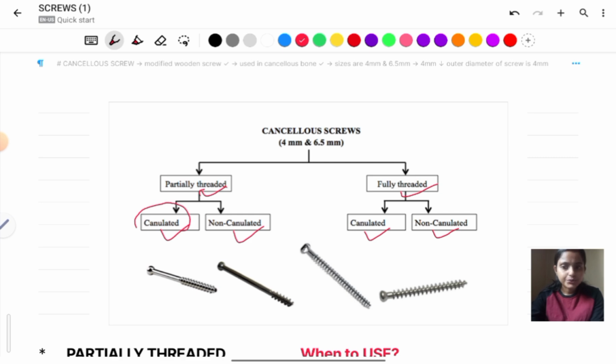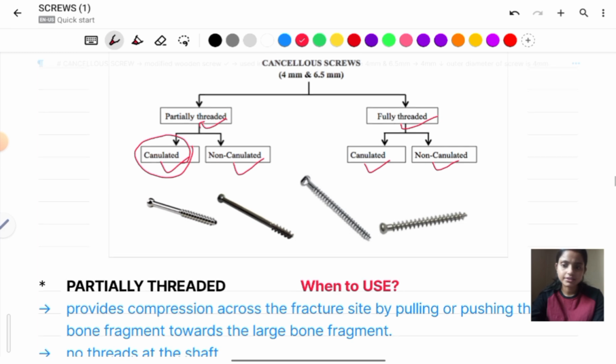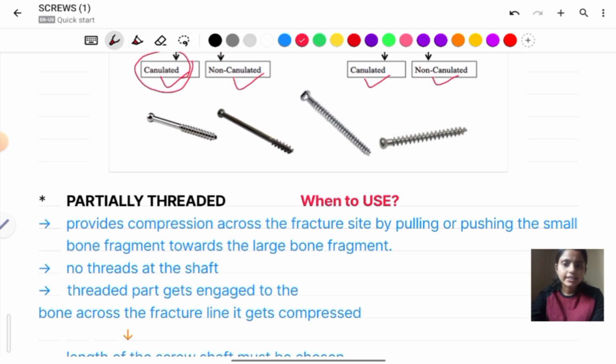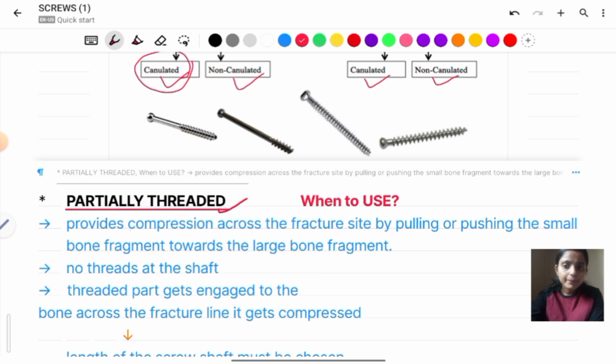In a cannulated screw, we can pass the guide wire and can perform closed reduction. There is no need to open the fracture, or we can percutaneously fix the fracture. When a partially threaded screw is used, it provides compression across the fracture site by pulling or pushing the small bone fragment towards the large bone fragment.